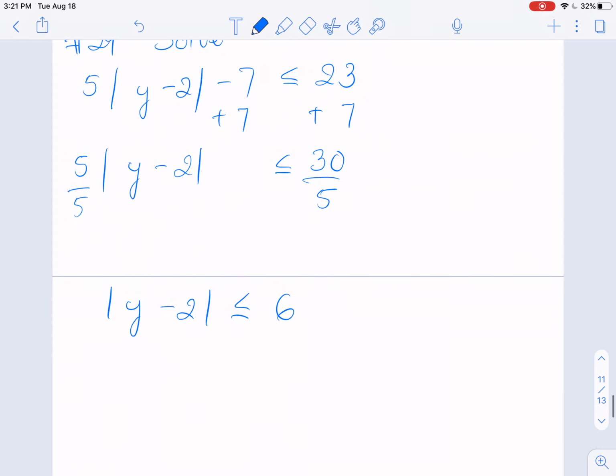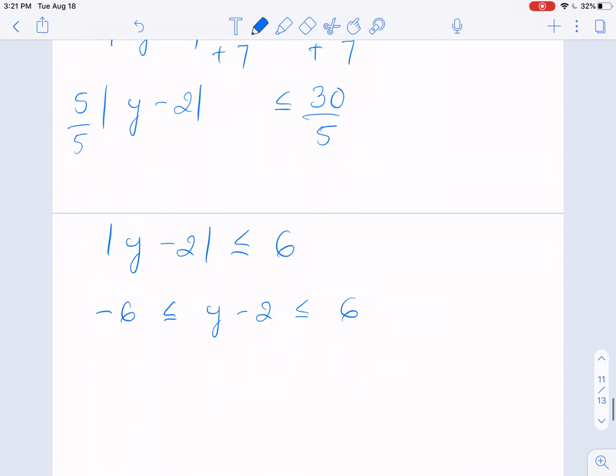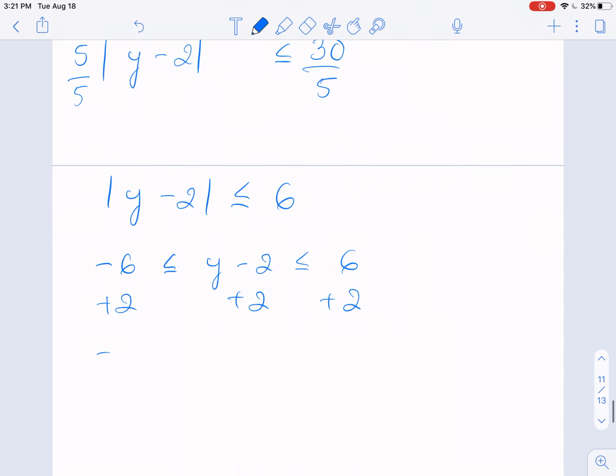And now you see this is type A, so you can just add the negative 6 on the other side. And then we just solve it. Add 2, add 2, add 2. So we have negative 4 here, y, and we have 8 here.